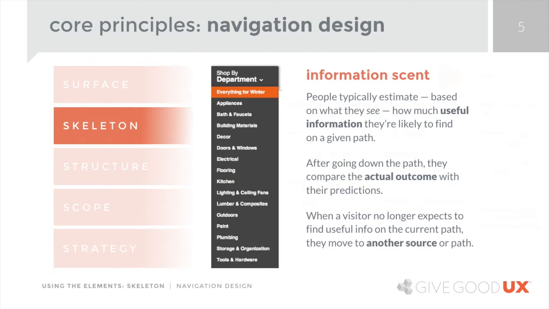So maintaining what's called information scent is very important. That simply means that at every level, when someone drills down into a process, when someone drills down into part of the interface, they have to see evidence that the stuff they're looking for is there. Here's a very simple example. On the Home Depot website, you have a category that says essential products for winter.